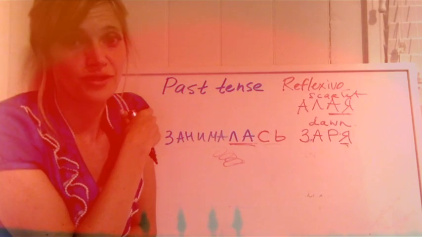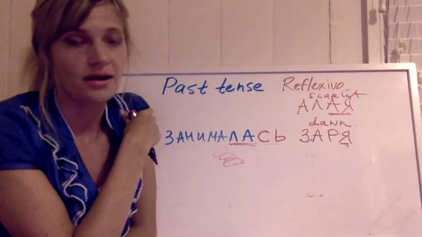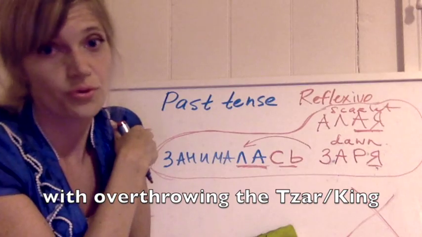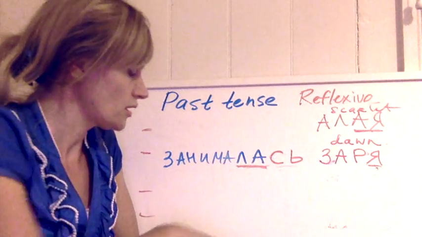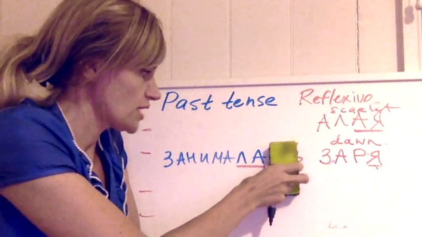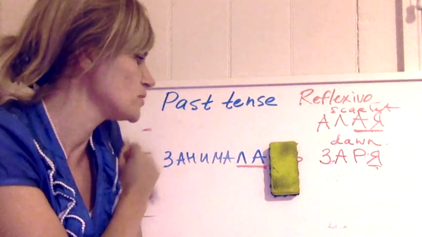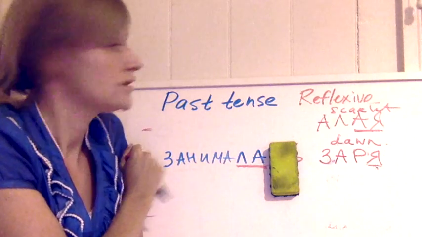Scarlet Dawn. It's the Red Army, the Bolsheviks who were against the Tsar. They got busy with overthrowing the Tsar. Okay, if we lose the ending for a moment, занимала is just a normal verb which means to busy, to occupy.